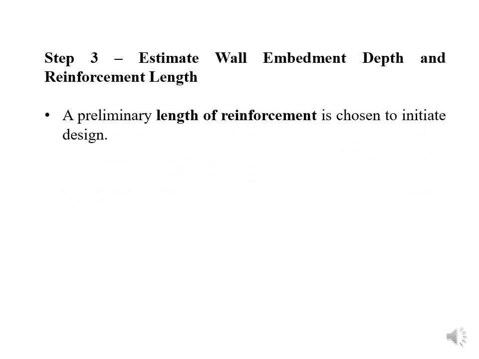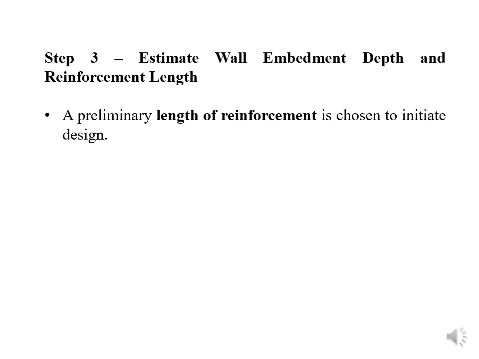What it says is that a preliminary length of reinforcement is chosen to initiate the design. Reinforcement means what? We have already talked about varieties of reinforcing elements: steel, aluminium, bamboo, geosynthetic. So the preliminary length of reinforcement is chosen to initiate the design.